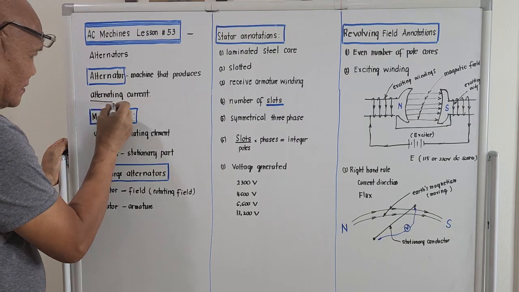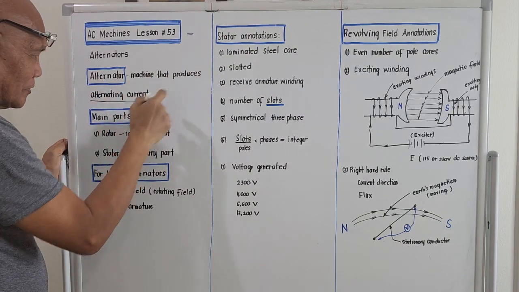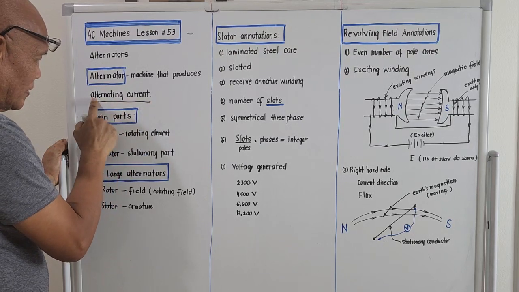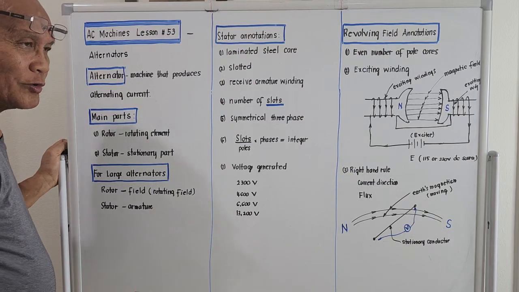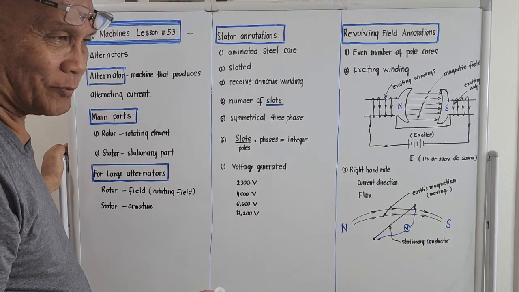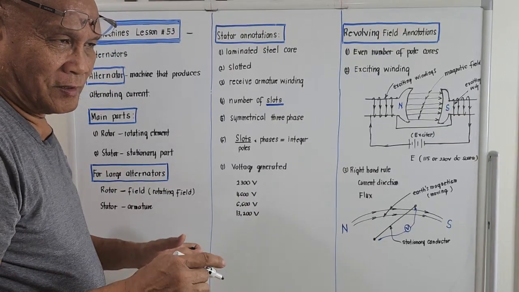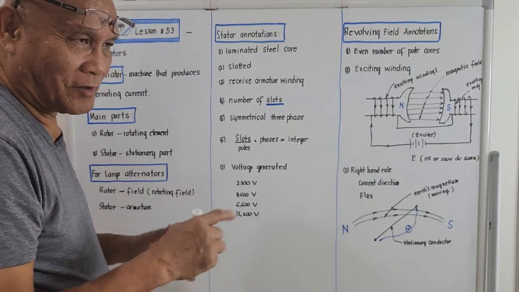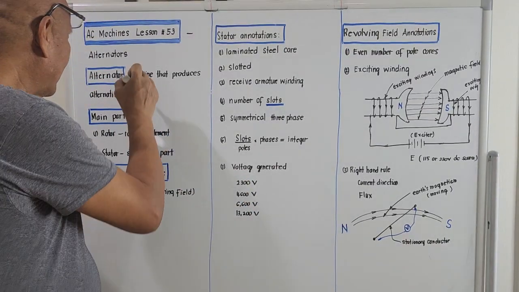If we just say generator, we don't know if the current that it produces will be direct current or alternating current. So to be sure it is an alternating current, we name that generator alternator.